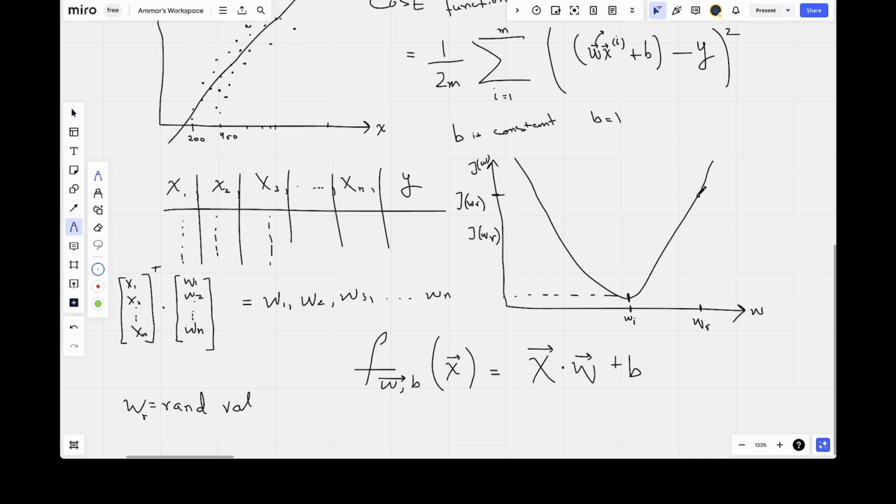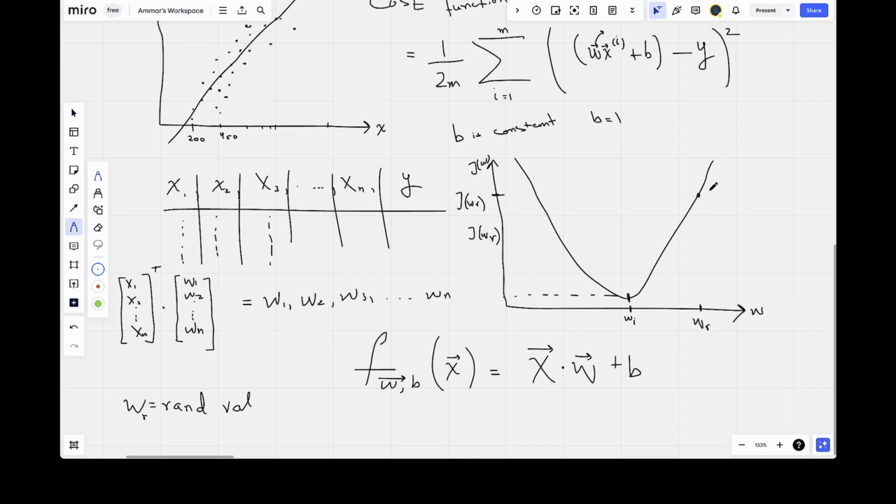Okay, so immediately you can notice that you're very far away from the local minima, or rather the global minima in this case, the lowest value for j, right? So the cost is huge here for the initial value. So what we could do is decrease the value of w a little bit, right?